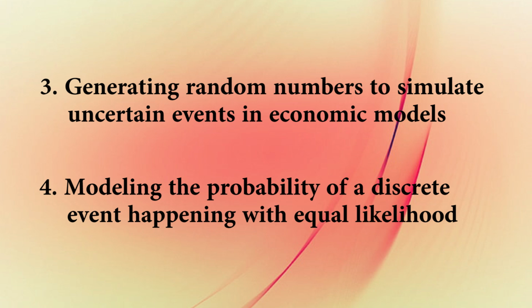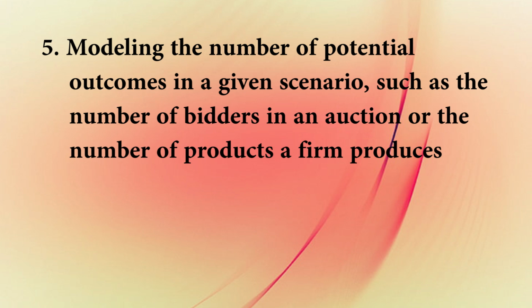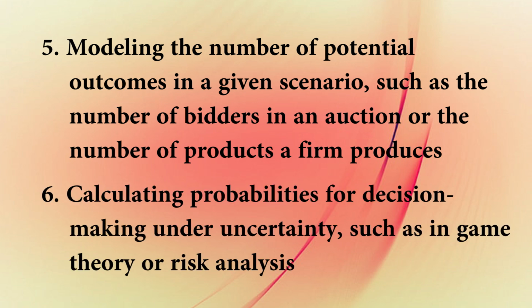Modeling the probability of a discrete event happening with equal likelihood. Modeling the number of potential outcomes in a given scenario, such as the number of bidders in an auction or the number of products a firm produces. Calculating probabilities for decision making under uncertainty, such as in game theory or risk analysis.